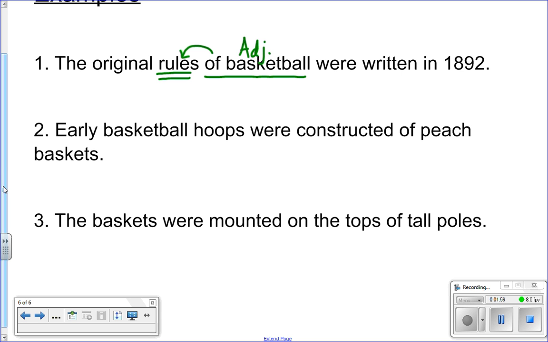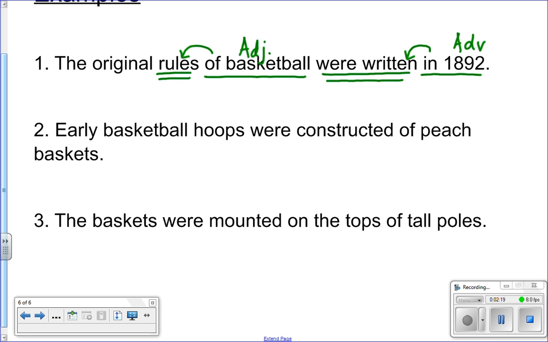We also have a prepositional phrase in 1892. In 1892 is telling you when the rules were written. Were written is a verb, and since it's telling us when, this is functioning as an adverb within the sentence.